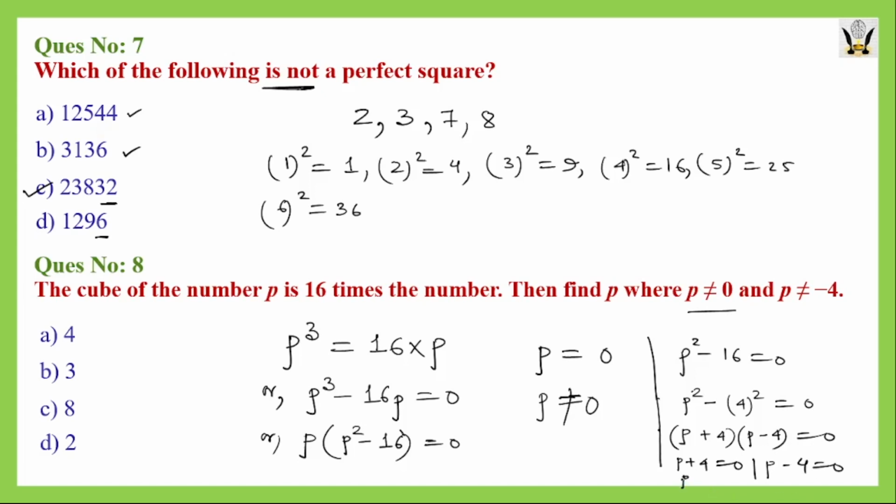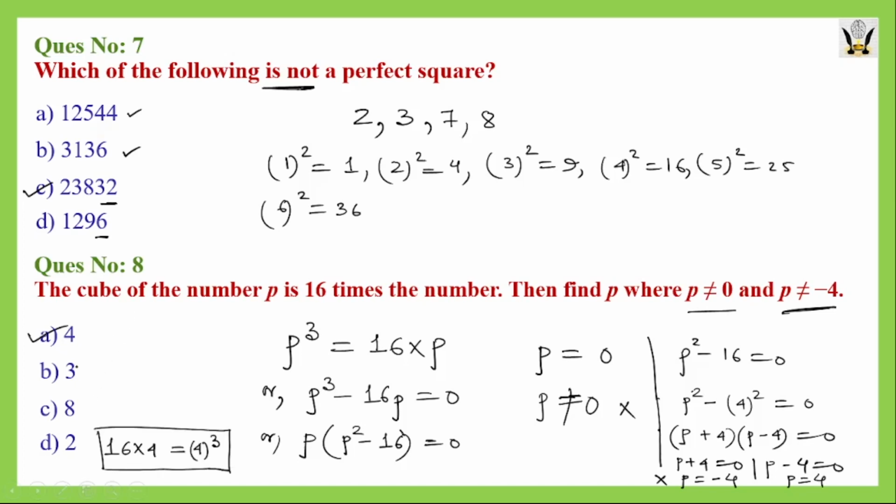So from this we will have p is equal to -4, and from here p is equal to 4. Now again in the question it is given that p is not equal to -4, so this option is again not true. So the only option that will be true is p is equal to 4, and that is given in the first option.